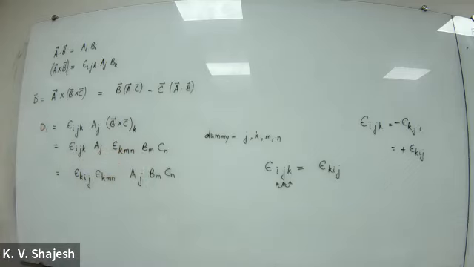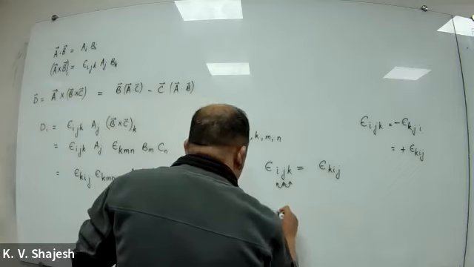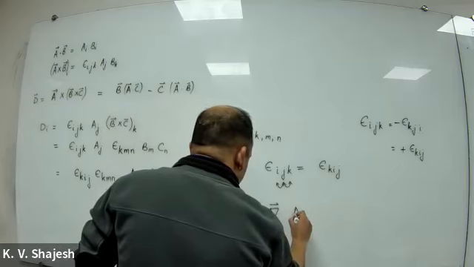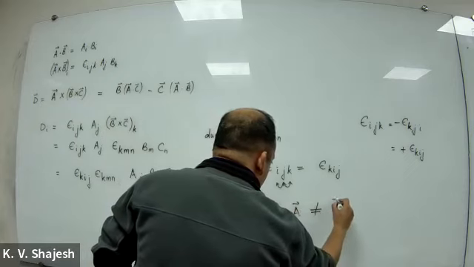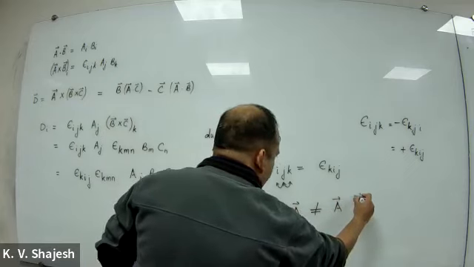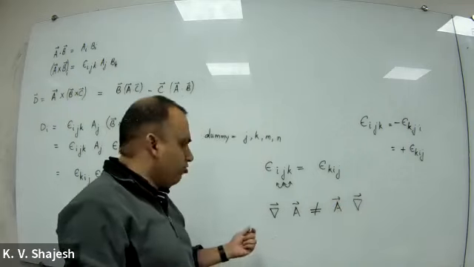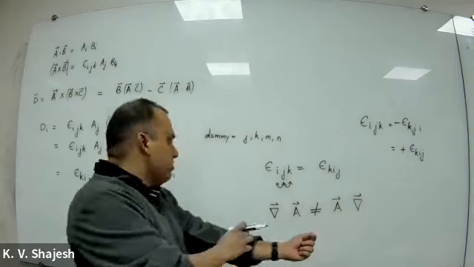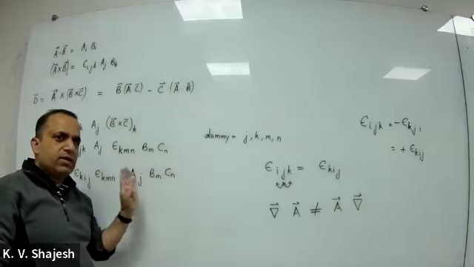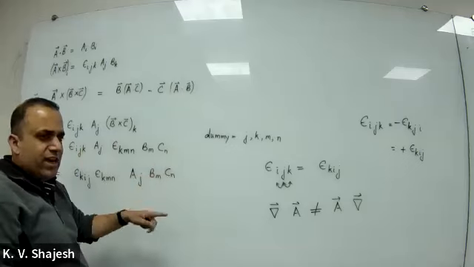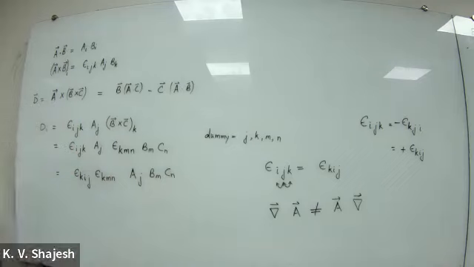Remember, gradient of a vector is not the same as a vector times the gradient. We will be introducing gradient very soon, so I cannot move them freely. I want to keep the positions of A, B, and C as they are if I'm working with gradient. We'll do an example very quickly for that.